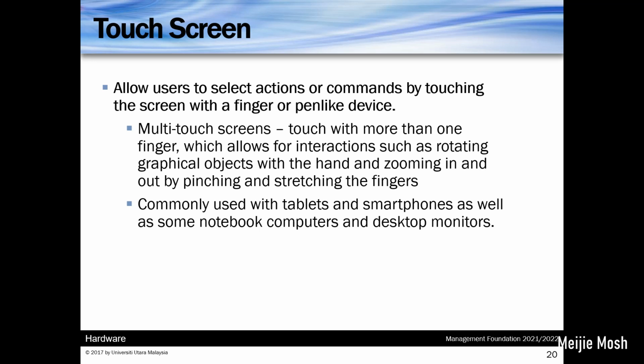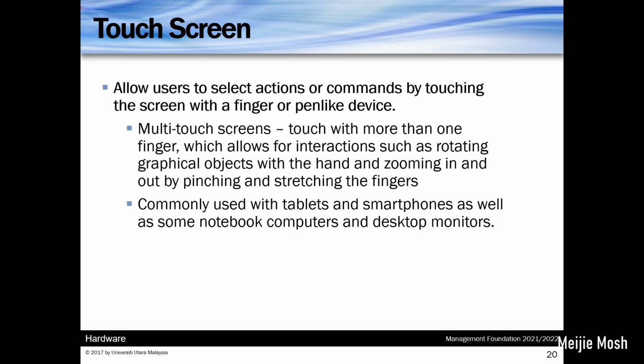Touchscreens are used on a variety of devices such as computer and laptop displays, smartphones, tablets, cash registers or ATMs, and information kiosks. So a touchscreen is the assembly of both an input and output device.